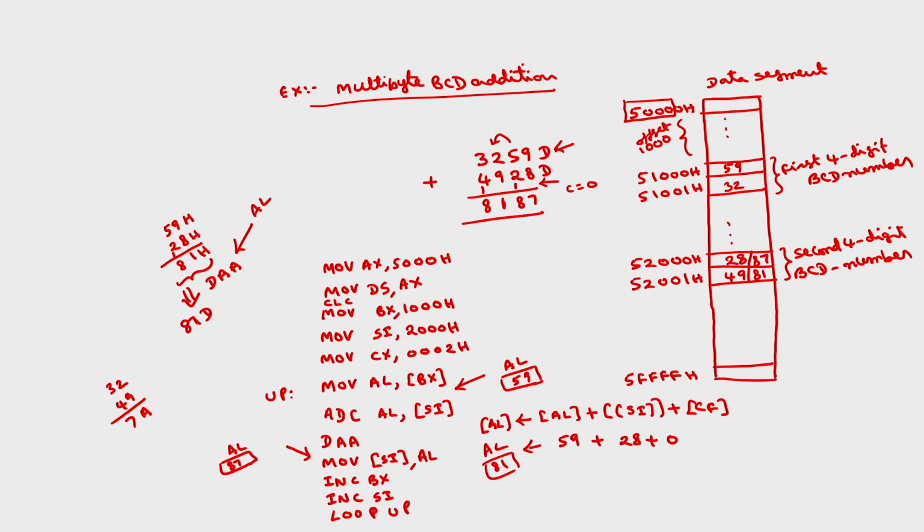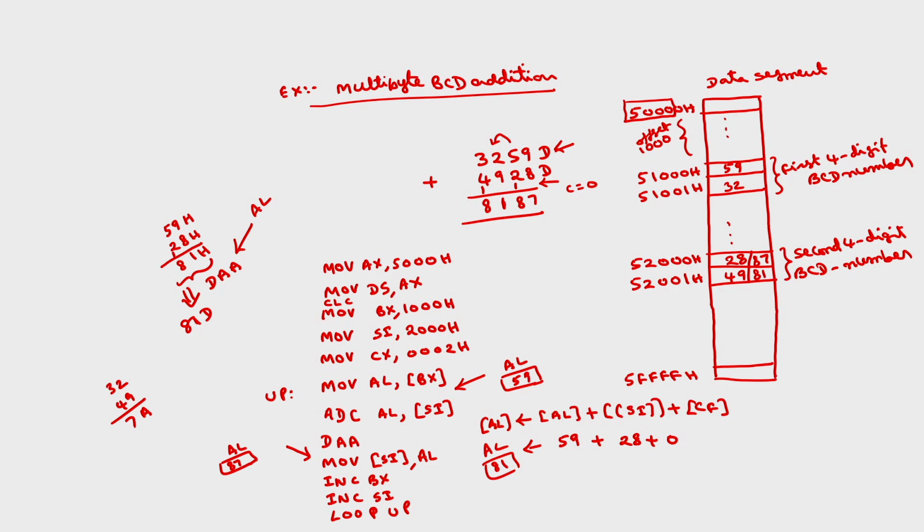So after the second iteration, the contents of AL will be 7A because this performs hexadecimal addition. If I write DAA, then this 7A will be converted into 81. 81 will be stored, and that 81 I want to store back into the destination where this second 4-bit BCD number is present. So I will write MOV [SI], AL. So this 81 will be replaced by 49.